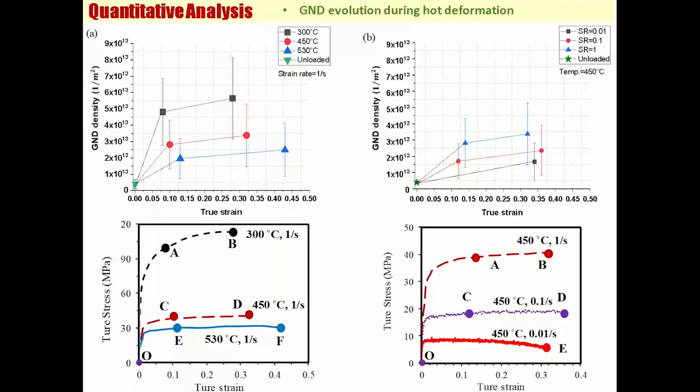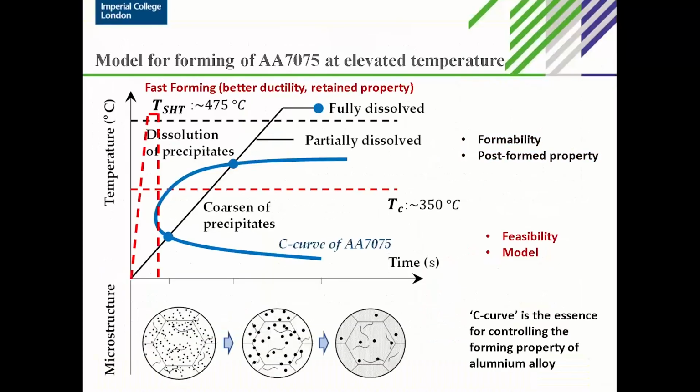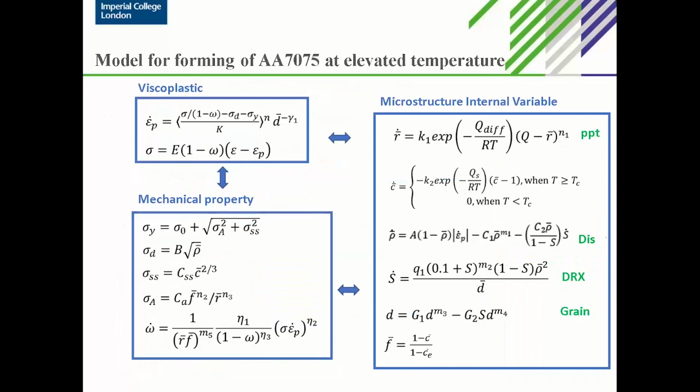I'm not sure which case this one is referring to. It says, is the contribution from precipitation hardening also included in the model? They said, I didn't see the interparticle distance, particle size, and type of precipitates formed in the study. Basically, we have the key microstructures, the contribution of precipitates.